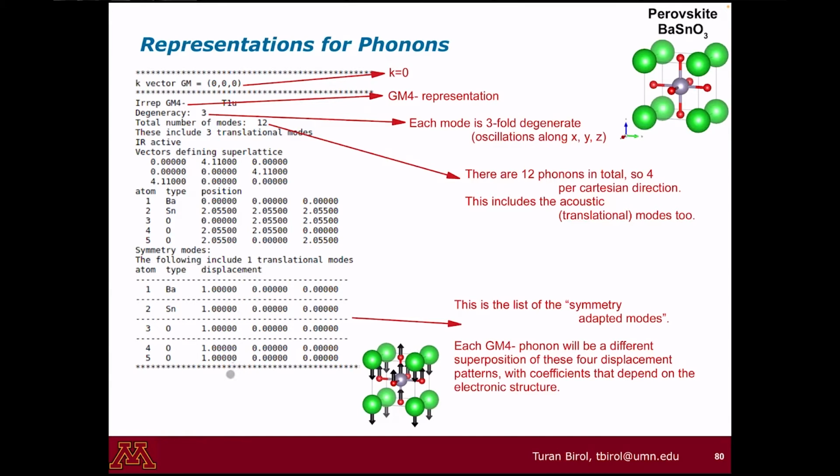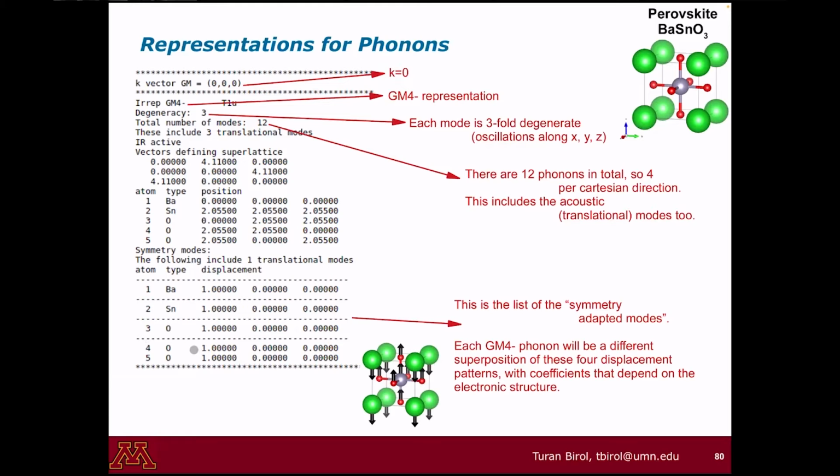So what this tells me is that for one of these threefold degenerate modes, for example, the one along, it looks like along X, I have barium displacements as 1 degree of freedom. I have tin displacements as another degree of freedom. Then I have the first oxygen displacement. And then I have the last 2 oxygens being displaced together.